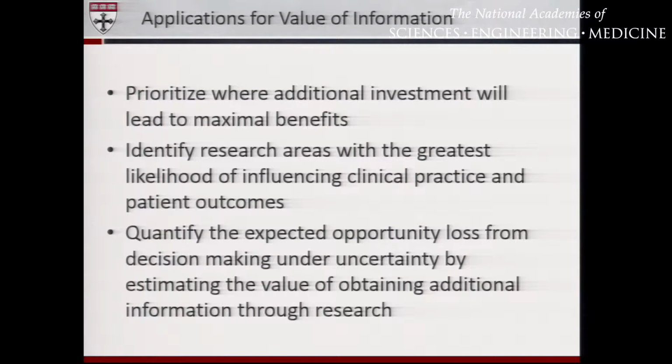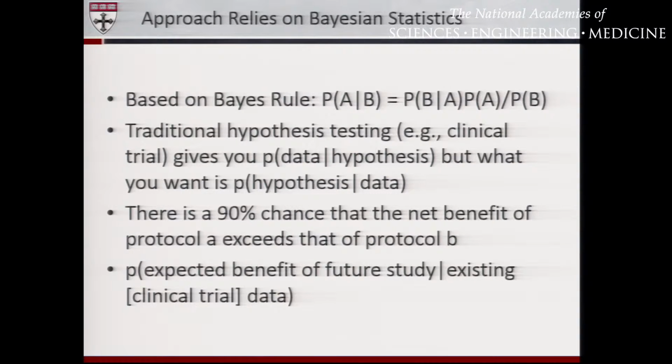So what we actually do is quantify the opportunity loss from decision making under uncertainty by estimating the value of getting this additional information. And so we need to know something about costs, we need to know something about benefits, and benefits are typically the kinds of things we've heard about: improved outcomes, utilities, QALYs, DALYs, anything that leads to an understanding of how that outcome is going to be improved.